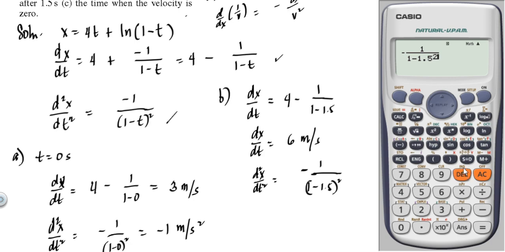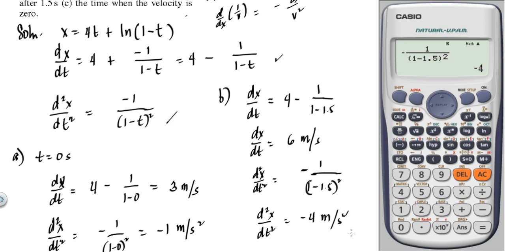Sorry, we're missing something. Let's put parentheses. Then, let's square this. Equals minus 4. So, the acceleration is minus 4. This is actually a deceleration, no?